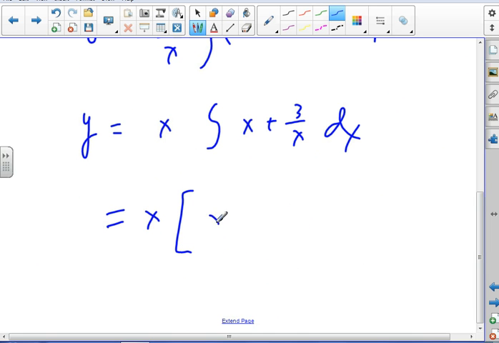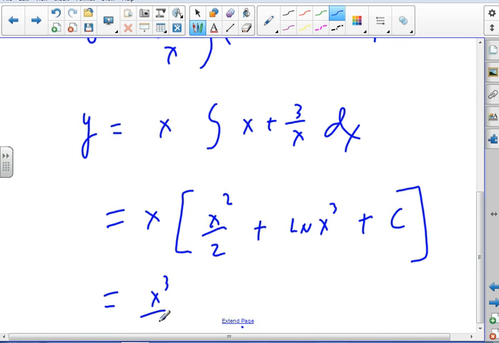X times x squared over 2 plus natural log of x cubed plus c. So that'd be 3 natural log x, but that's the same as natural log of x cubed. Alright, so I end up with x cubed over 2 plus x natural log x cubed plus cx is y.